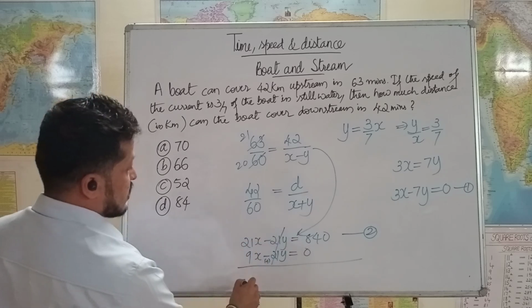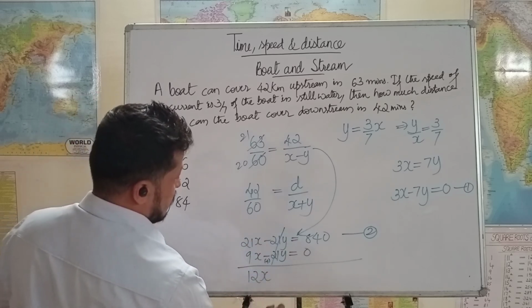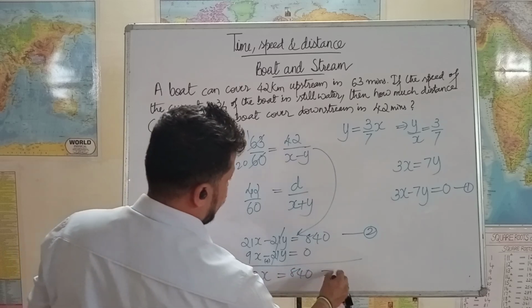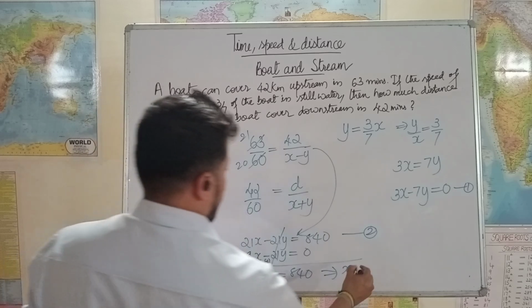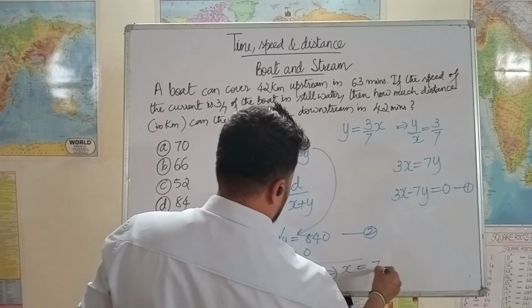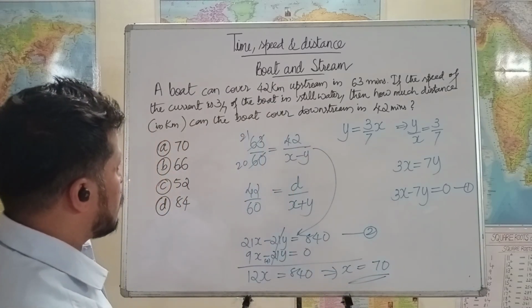So this is cancelled, and 21 minus 9 is 12. 12x is equal to 840, which means x is equal to how many times? 70 times. So x is equal to 70.